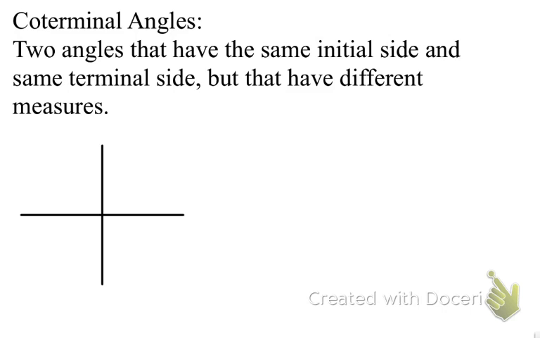And here's another way of seeing the broad range of angles we can create in a circular coordinate plane context. One way is to look at what we call coterminal angles.